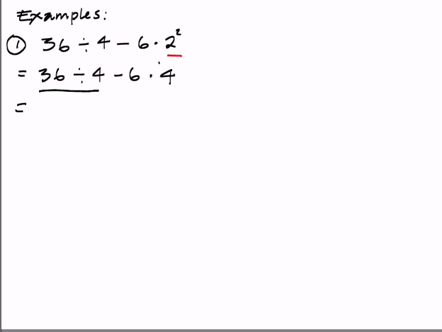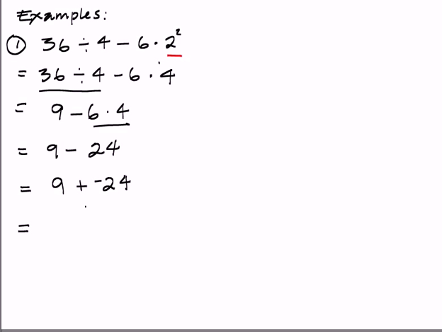So we can do the division, and we would get 9 minus 6 times 4. What comes next? Multiplication, 9 minus 24. And what is 9 minus 24? It may help you to write it as 9 plus a negative 24, and we would end up with a negative 15.